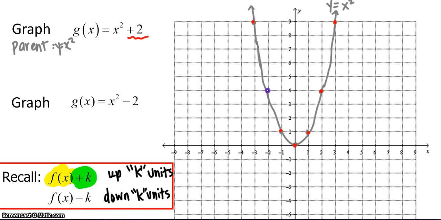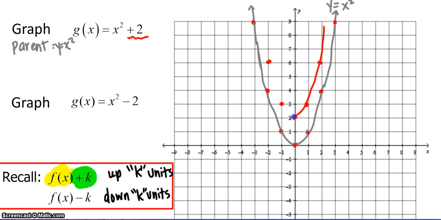So I'm going to start with this point right here at -2, 4, and I'm going to shift it up 2 points. Then I'm going to go to -1, 1 and shift it up 2 points. 0, 0 will be shifted up 2 points. 1, 1 will be shifted up 2 points. 2, 4 will also be shifted up 2 points.